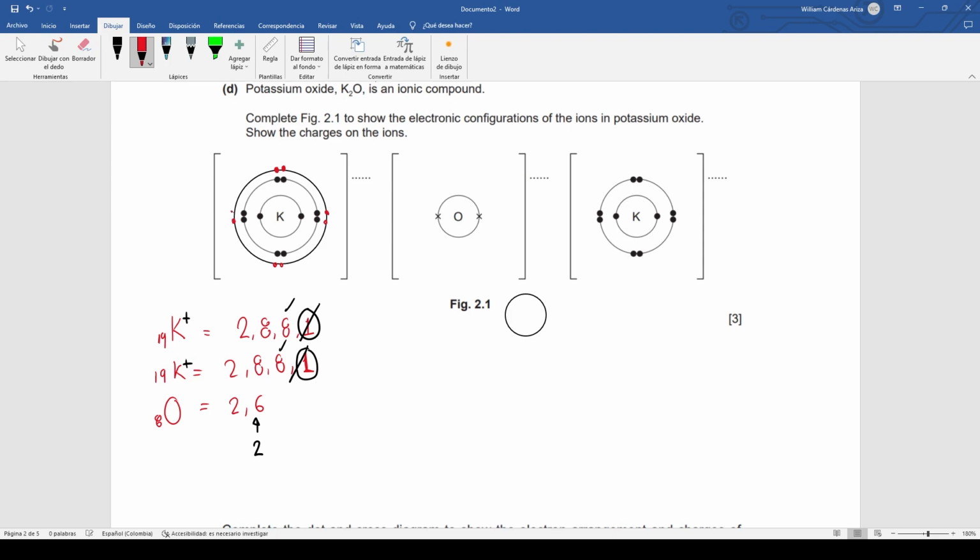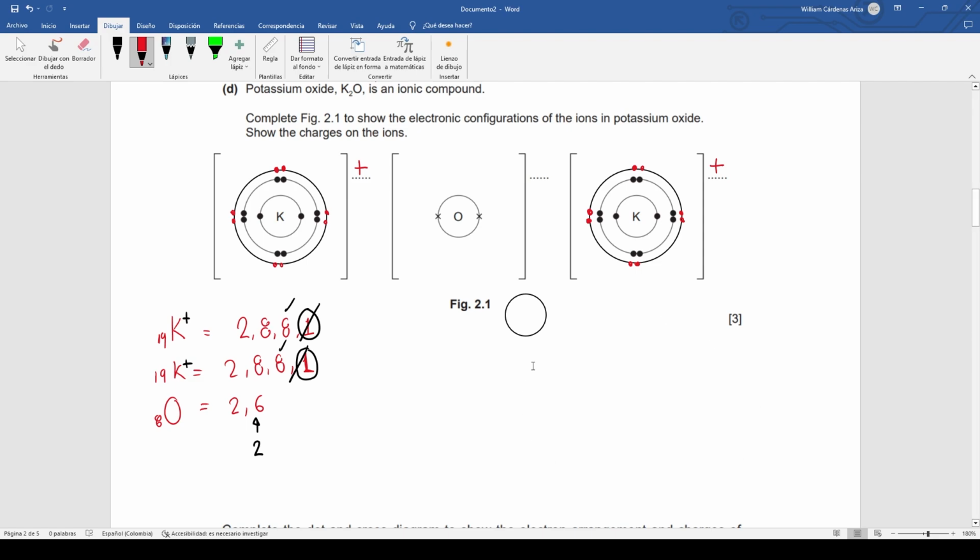All right. And we know that this potassium lost 1 electron, so it has a positive charge. And let's do exactly the same with the other potassium, because it's the same. Okay, and 1 plus because it lost 1 electron.